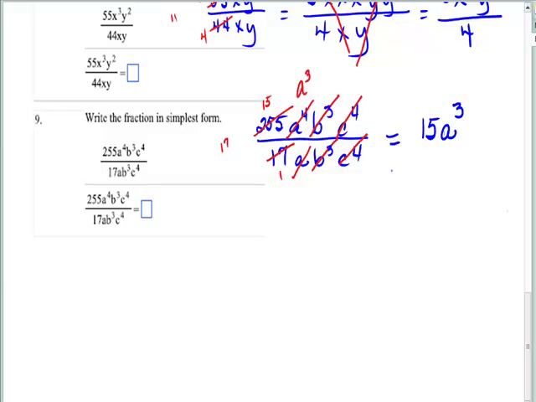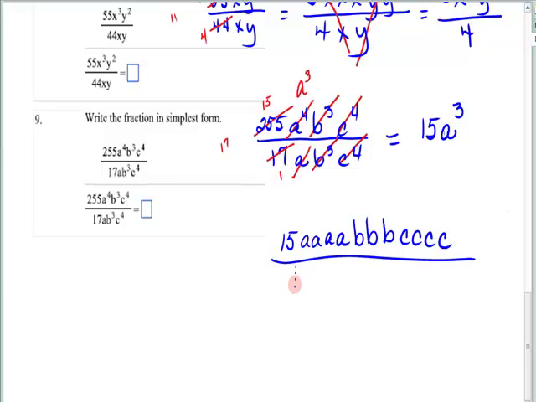Now I will go back for our variables, and we had 15 a to the fourth, a, b to the third, b, b to the third, which was b, c to the fourth, c, over implied 1, a, b, c.